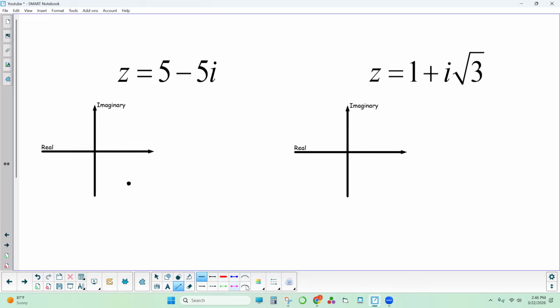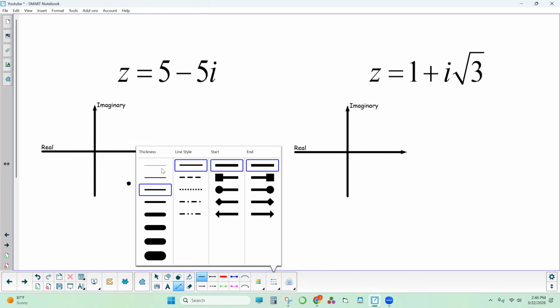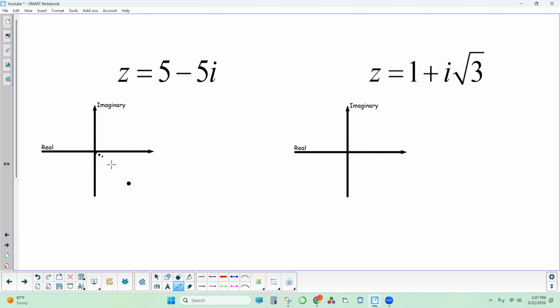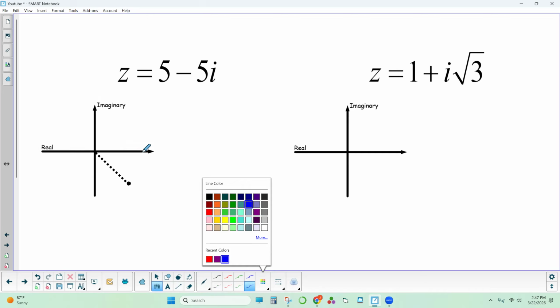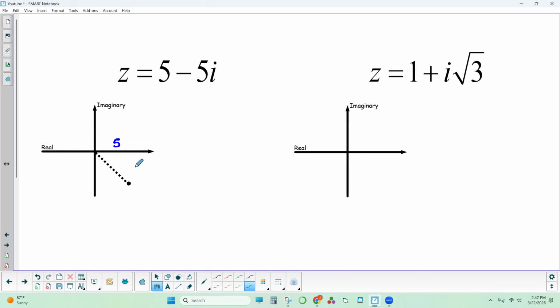There's r, our distance to the origin. As you can see, we went right 5 and down 5, and that forms a right triangle.